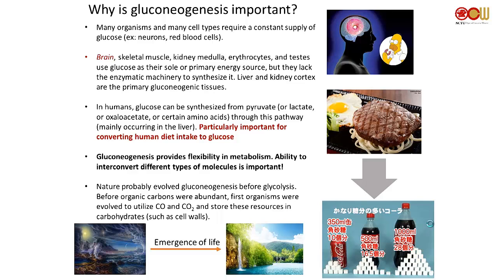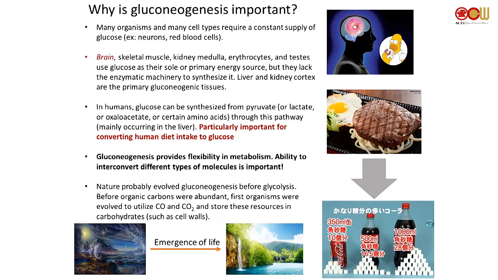And lastly, for me, I think the most important part of gluconeogenesis is that, of course, this is a hypothesis, but some scientists think that nature evolved gluconeogenesis before glycolysis, okay? And it sort of makes sense because back eons ago, Earth was not organic, okay? Earth had a lot of carbon monoxide, methane, hydrogen, CO2, that kind of stuff, right?